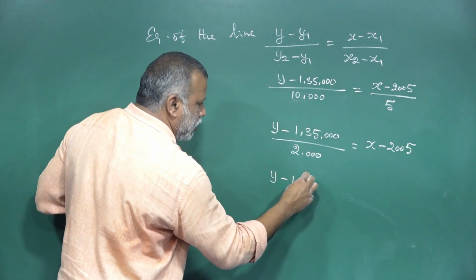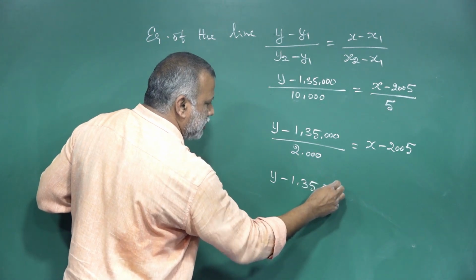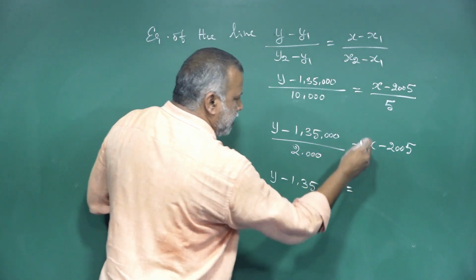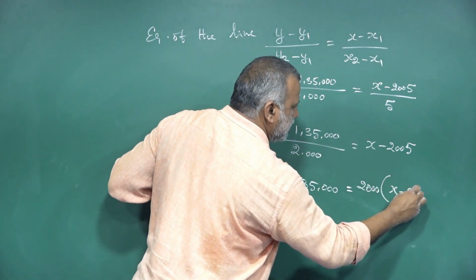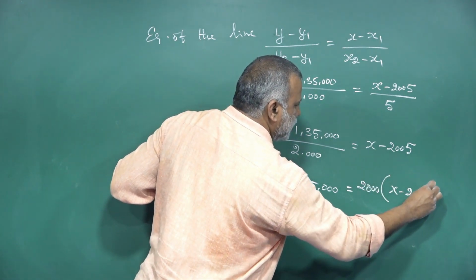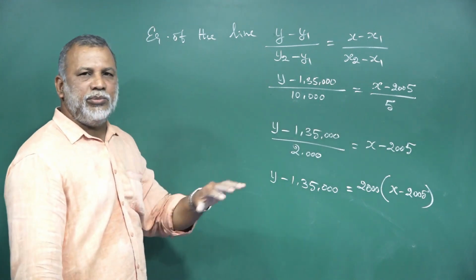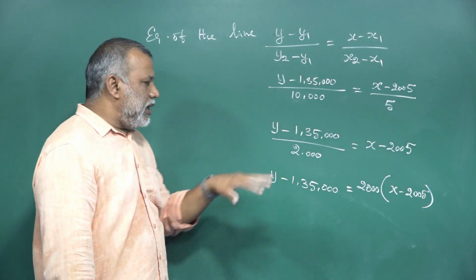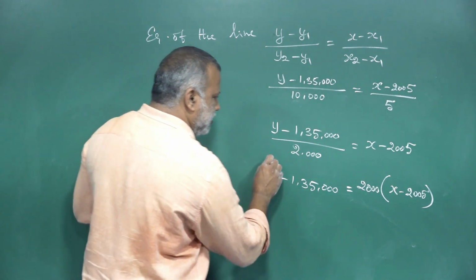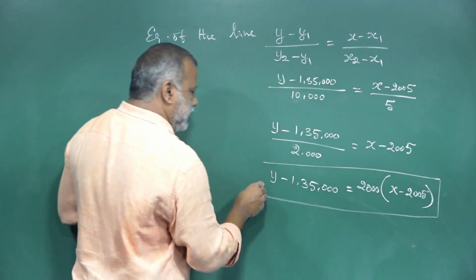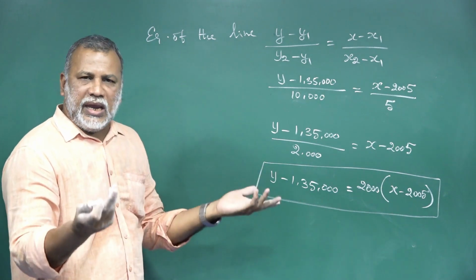y minus 1,35,000 is equal to 2000 of x minus 2005. Very simple data, you can substitute. Now, in which year do we need to find? After this, we are able to find the number of population in any year.